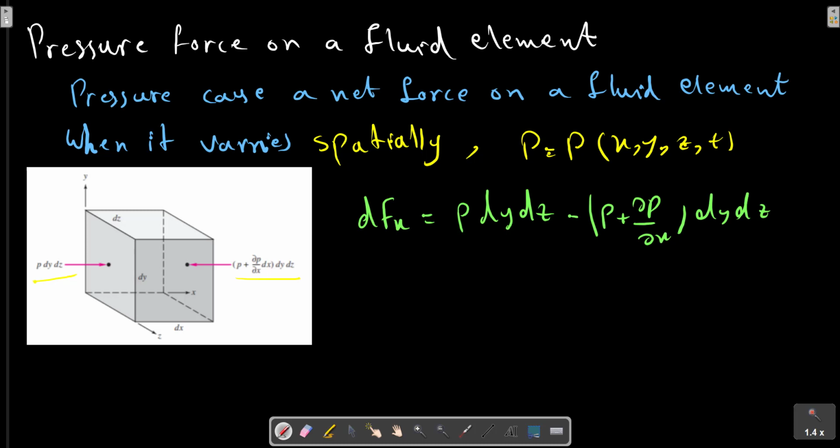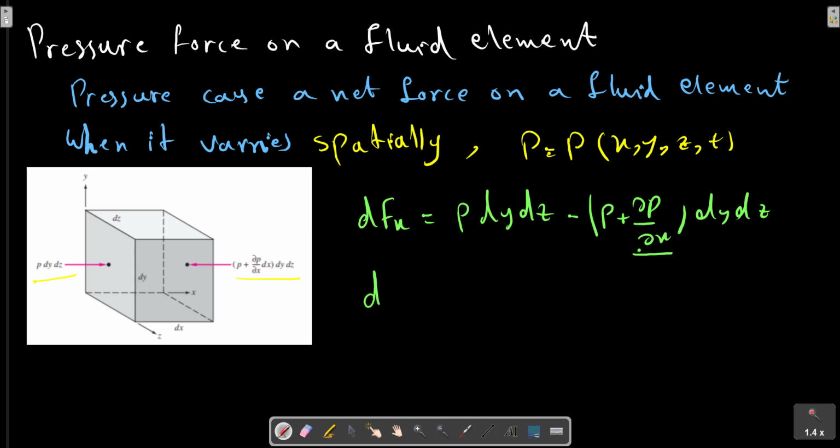In like manner, the net force dFy involves the gradient of pressure in the y direction, and the net force in the z direction likewise.